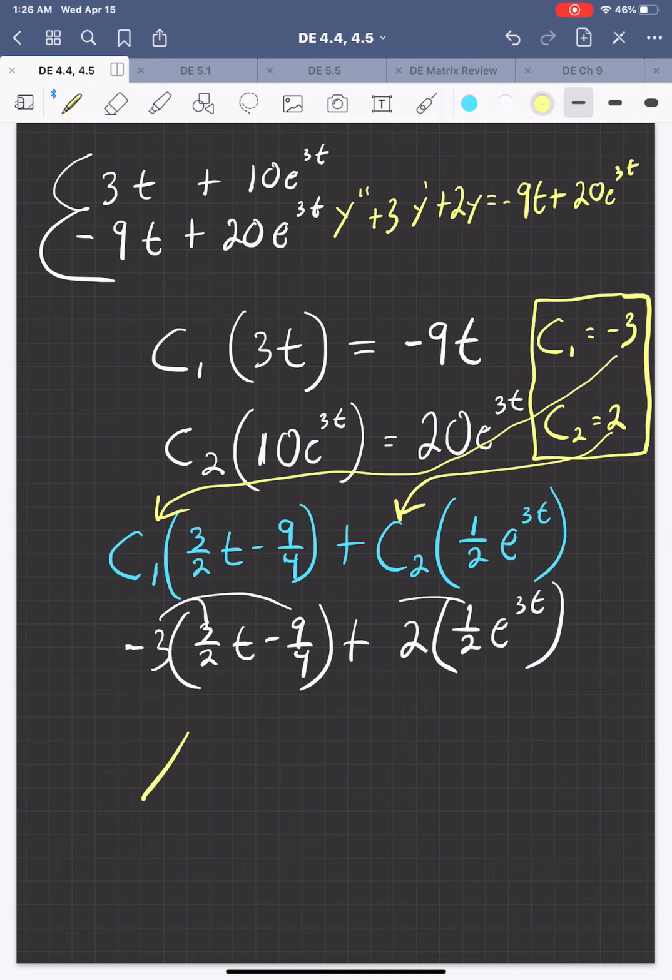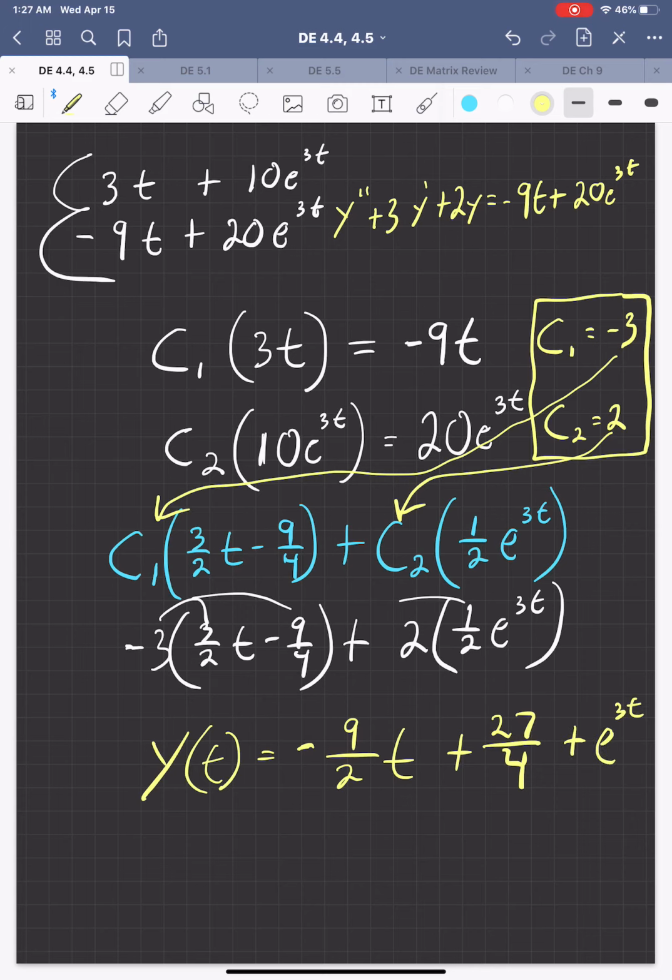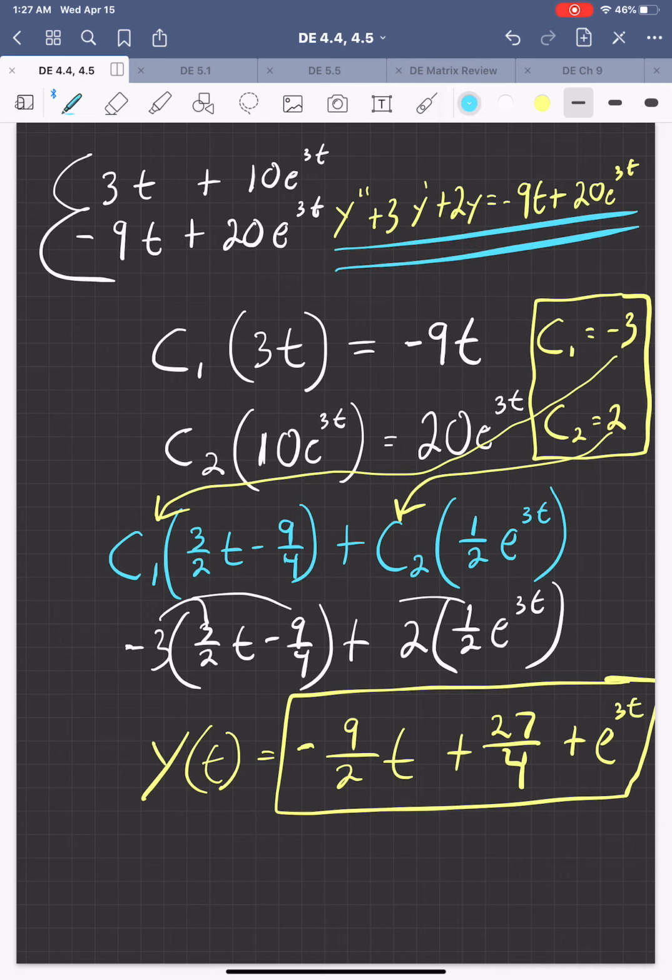And what is this solution? What is this y that we get? We get negative 9/2 t plus 27/4 plus, well, half of 2 is 1, e to the 3t. This is the solution to this differential equation.